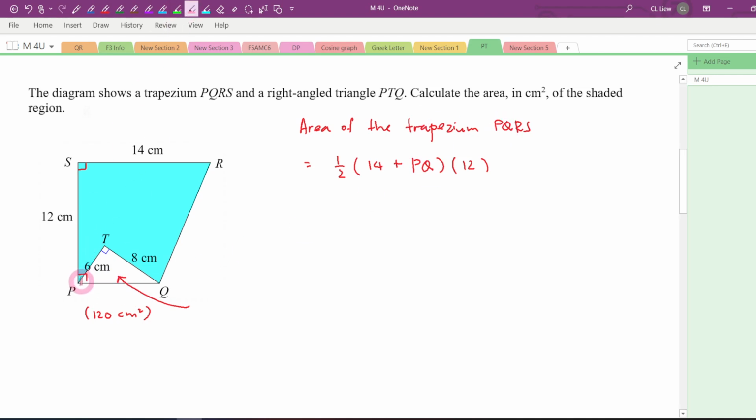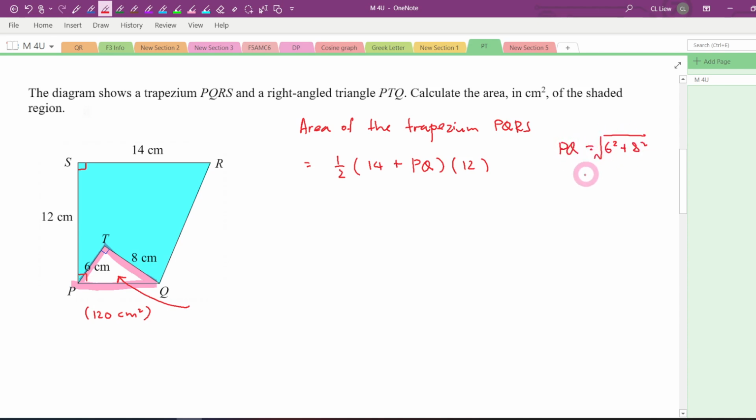Now you have a right angle triangle over here. So ask yourself, is PQ short or long? PQ is opposite the right angle. Therefore, this is the longest side of this right angle triangle. So we plus: PQ is equal to the square root of 6 square plus 8 square.